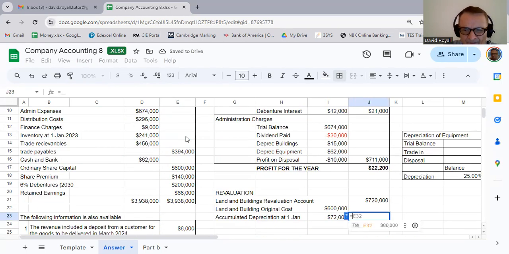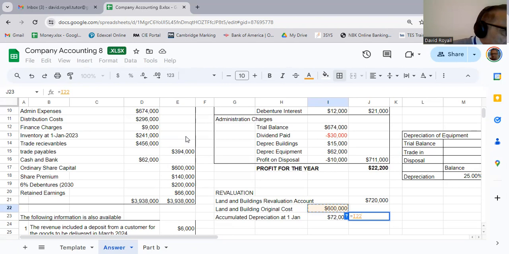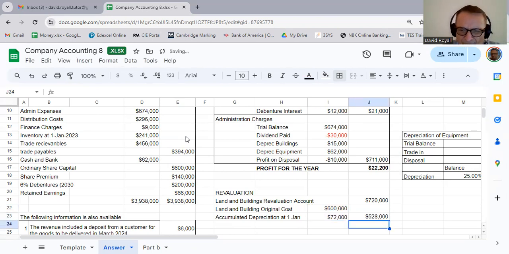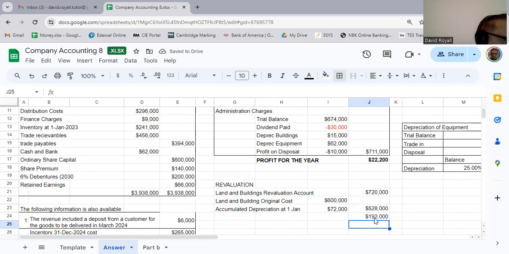So we've now got a book value. The old book value was 528,000. The new book value is 720,000. So what we've done is we have increased the value of our land and buildings to the tune of 192,000.